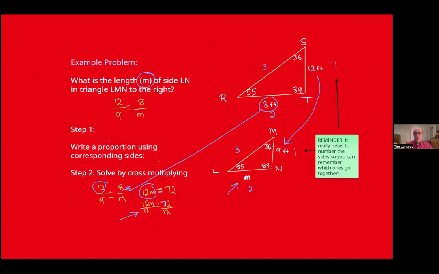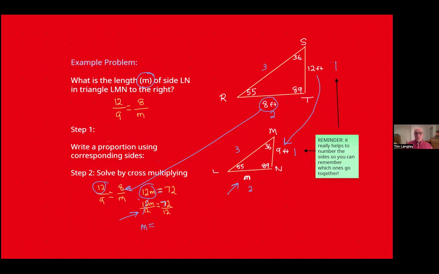These two 12s cancel each other out. They become like 1M, which is just M. Don't worry, I'm going to show you some more examples on the next slide. Equals, well, how many times does 12 go into 72? It goes into it 6 times.